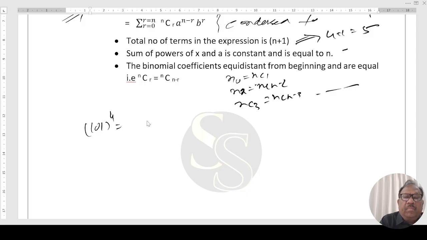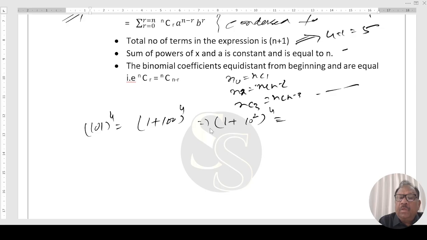We can write 1 plus 100 की power 4. That comes out to 1 plus 10 raised to power 2 की power 4. So that is comparing with a plus b की power n. A equal to 1, b equal to 10 to the 2, n equal to 4.